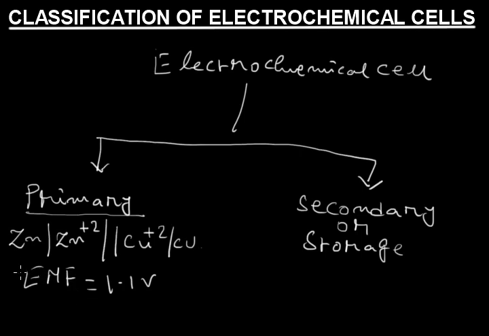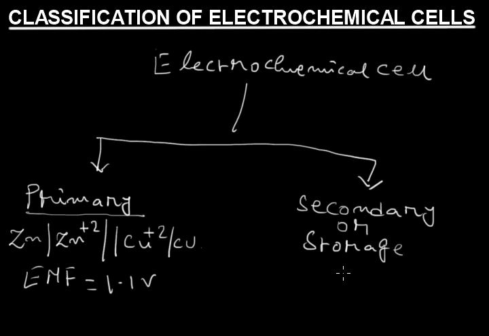With the help of the chemical reaction, zinc is oxidized to Zn2+ and Cu2+ is reduced to Cu, and we get an EMF of 1.1 volt. When the reaction is completed, the cell is useless.